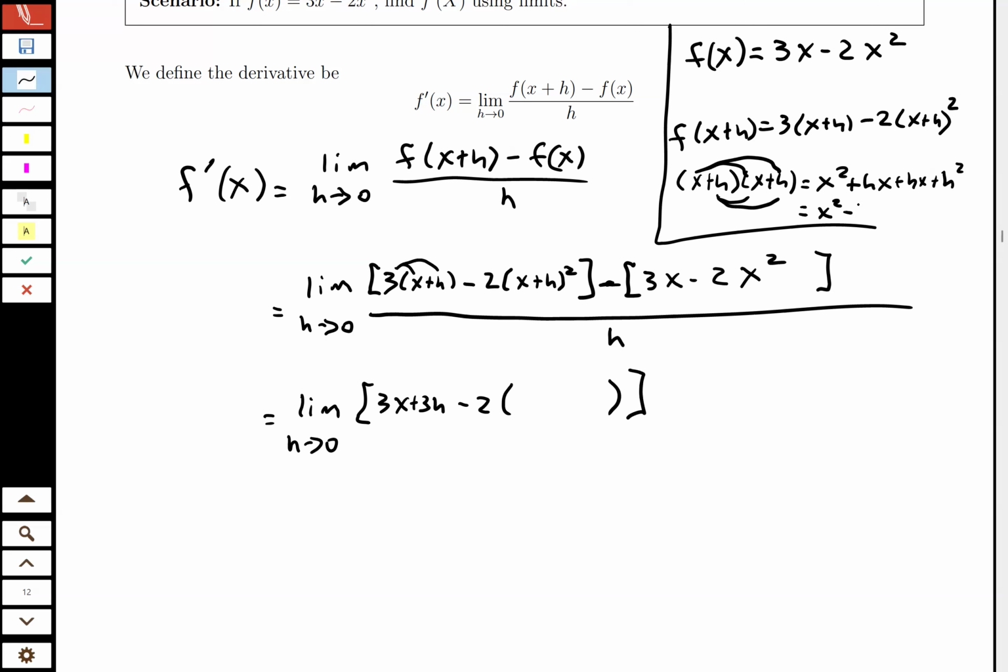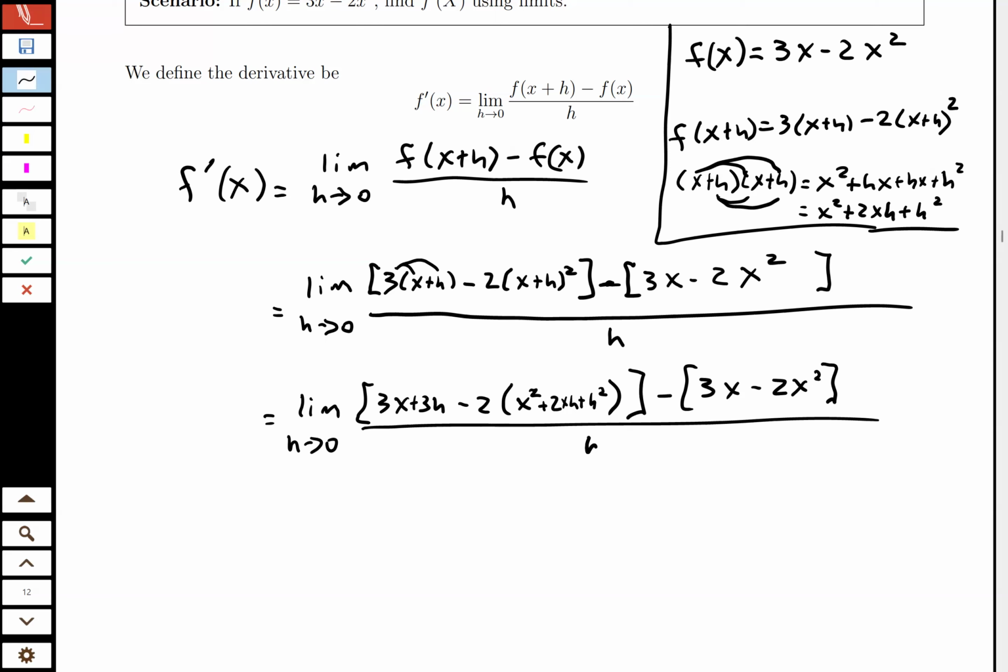So combining like terms, if I were to multiply that out, I have x squared plus 2xh, or 2hx, however you want to write it, plus h squared. That still needs to get hit by that negative 2, so that's why I'm keeping this in parentheses. Minus 3x minus 2x squared, all over h.